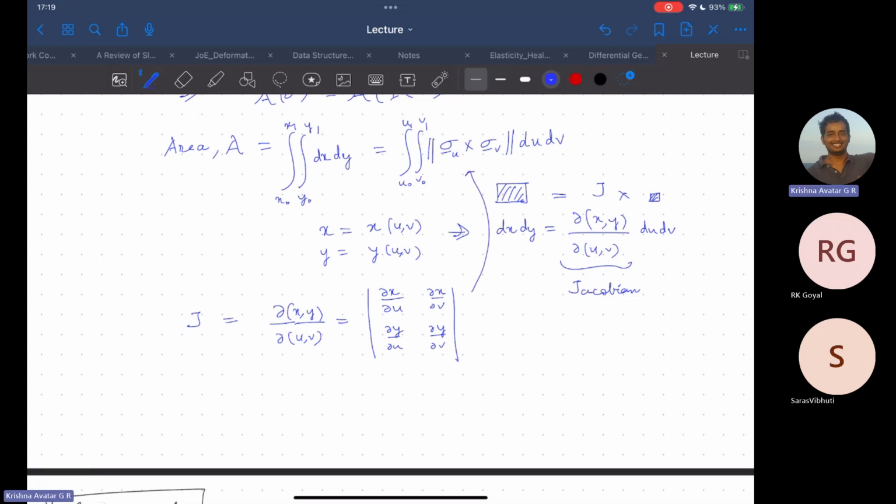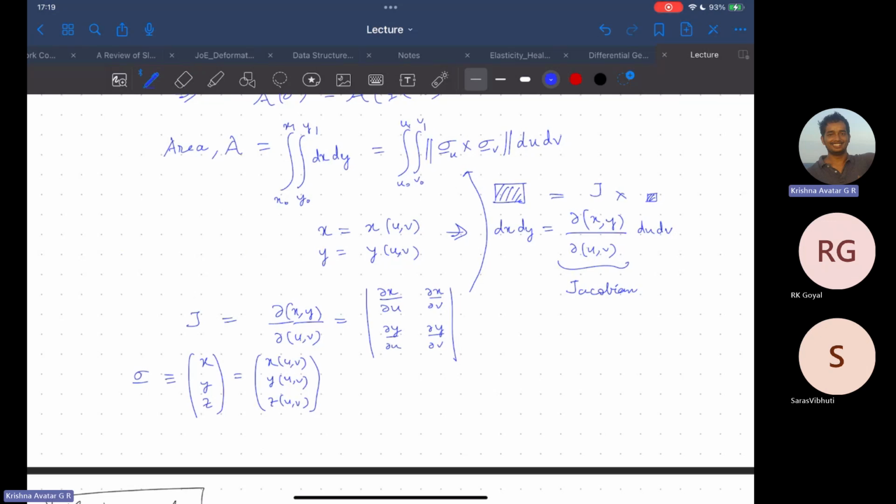So sigma is of course a vector, right? It represents x, y, z in 3D space, all of which are functions of u comma v.